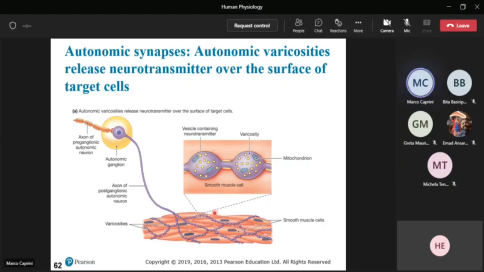And why? We have described it before, because the smooth muscle is a multi-unit type of muscle, so the cells are not connected. Every cell can be contracted only if the neurotransmitter reaches the cell.